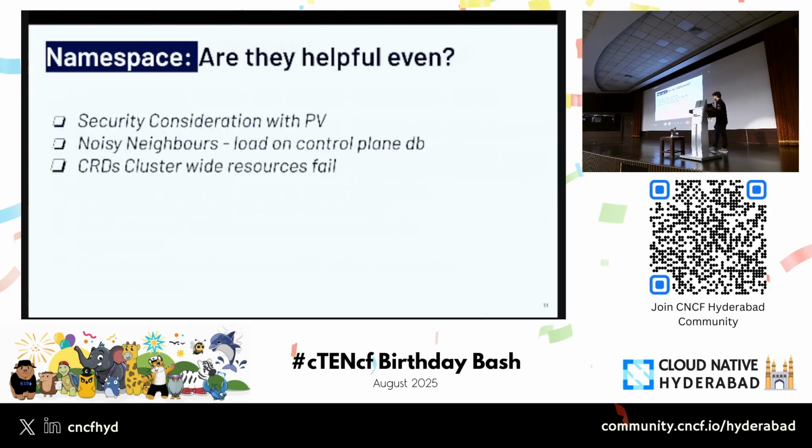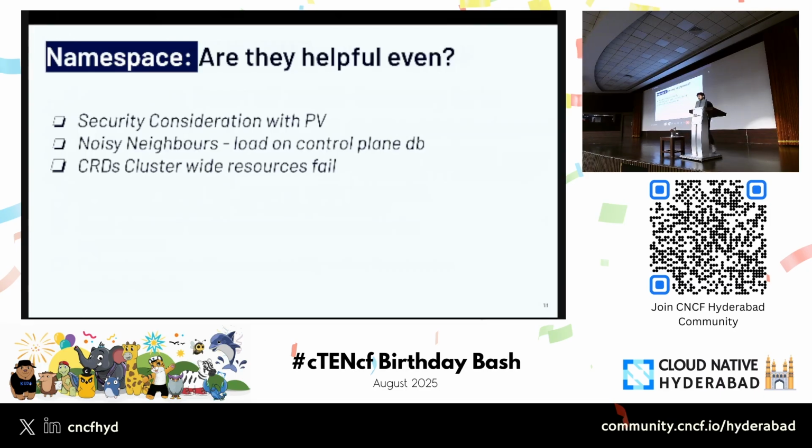And if we think about the challenges of multi-tenancy, the limitations there are security considerations for persistent volumes and all those things. Next is the noisy neighbor problem. For example, if you are creating thousands of objects on the go, there might be an issue where your API server and HTTP have a bottleneck, which causes your application to crash as well as the entire cluster to go down.